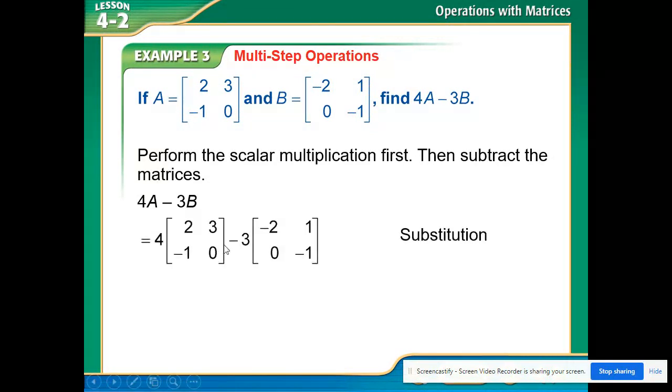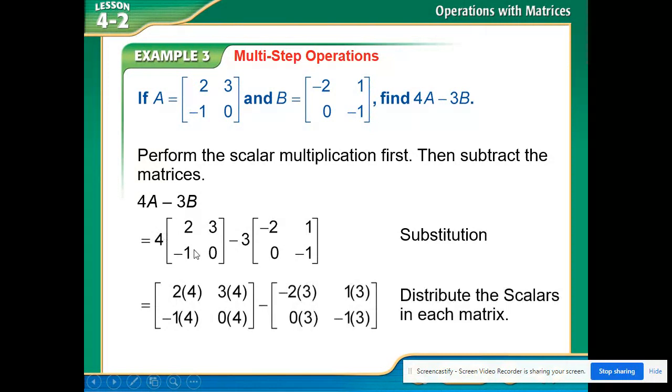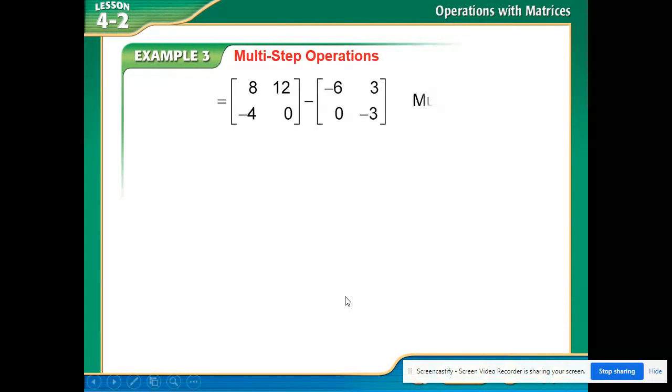So let's do the 4 times each of these and the 3 times. Notice it's not negative 3, it was just 3, so it's still negative here. If you distributed that negative, then this would be a plus. Doesn't matter either way. So this first one becomes 8, 12, negative 4, 0, and then negative 6, 3, 0, negative 3.